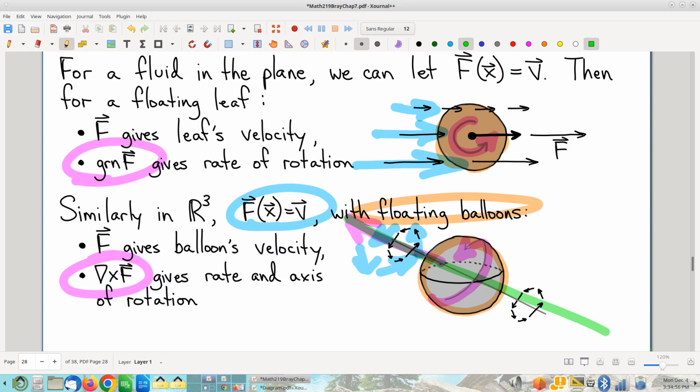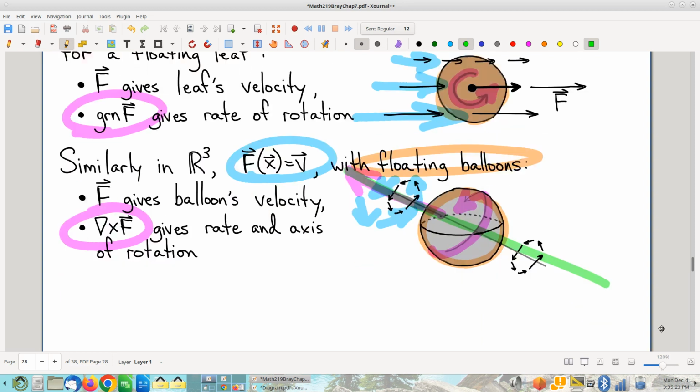And again, I don't want to get into units and how much friction there is between the air and the balloon, and things get weird, and that's not our problem. But in some sense, the longer the curl vector, the more of a rotation of the balloon there's going to be. Totally analogous to leaves with Green's operator.